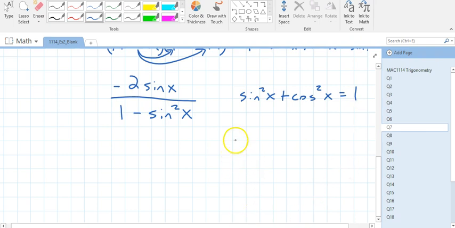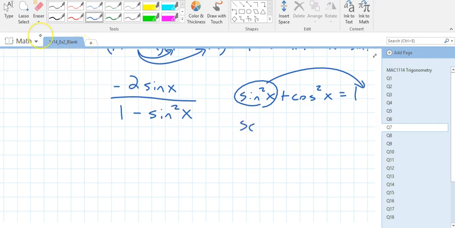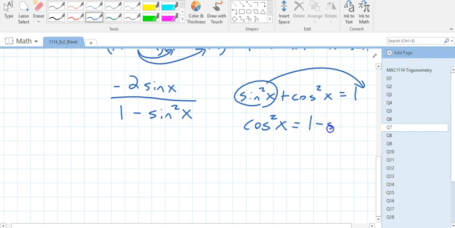If you subtract the sine squared x to the other side, you see that cosine squared x is equal to 1 minus sine squared x.